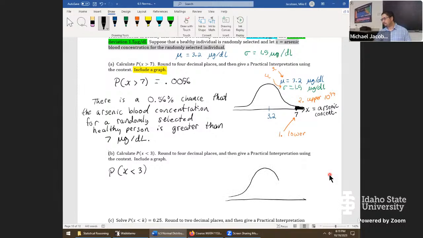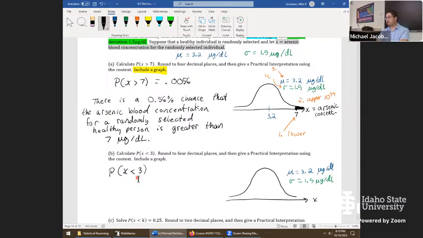So another really fast normal curve. Let me cite these values in case I have to scroll and I lose sight of them. I'll just continue to call this X at the moment. We'll keep in mind that we mean the arsenic concentration.